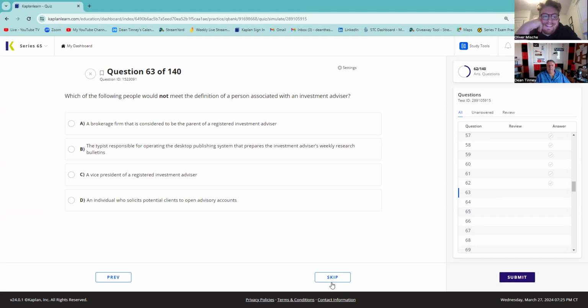Which of the following people would not meet the definition of a person associated with an investment advisor? Now, when I hear this, I think somebody who's not going to be taking a 65 or a 66 is what I'm thinking.